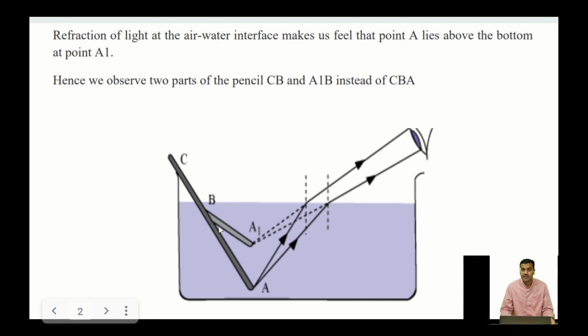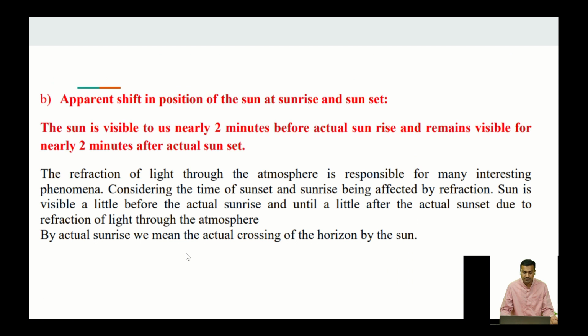So what type of shift is it? Definitely it is the normal shift. The points on this pencil undergo the normal shift. Therefore, instead of AB, when we view from outside the glass, it appears to be A1B. Therefore, the shape of the pencil appears to be A1BC, and the pencil appears to be bent.